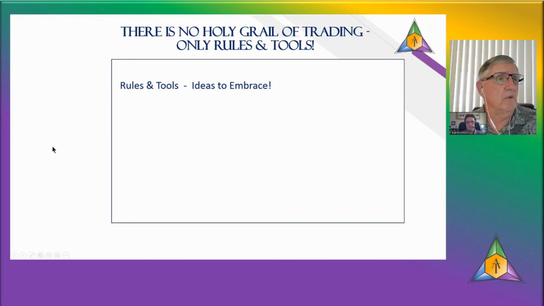Remember, some people think there's a holy grail to trading. It's a secret. There's not. It's so funny because I hear a lot of people on the internet promoting certain stuff, and they want to tell you the secret of trading. One of the things I've found in the 30 plus years that I've been trading is that the secret of trading rests within you.